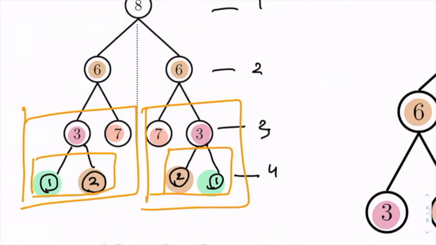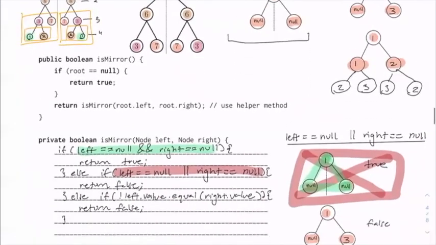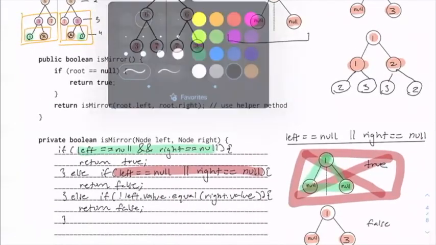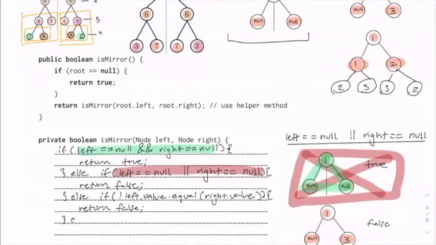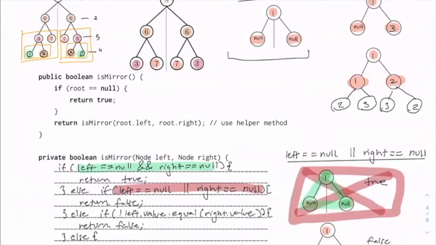And the children are going to be the same, but mirrored. So that helps inform our final case, which is when the left value is equal to the right value. So the case where it could be mirrored, but we have to check the children.